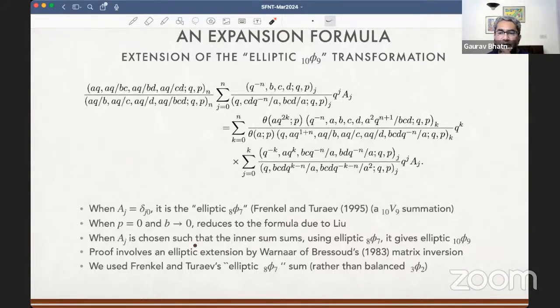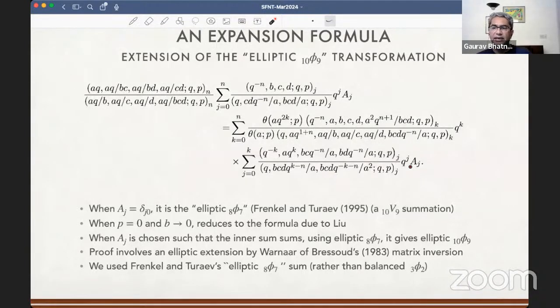And how it's different from the q case. In the inner sums, we use an elliptic one. Before I say how we get it, if A_j is chosen such that this inner sum is summable by a 10v9, it gives a transformation formula, also due to Frenkel and Turaev.